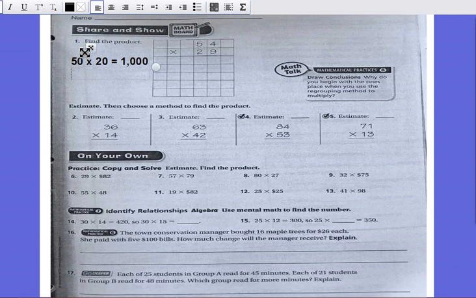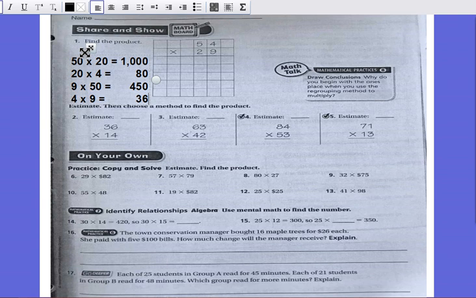Then I'm going to take 20 times 4, and that's going to be 80. Then I'm going to take 9 times 50. That's going to be 450. My last step, take it times the ones place, 4 times 9, which equals 36.